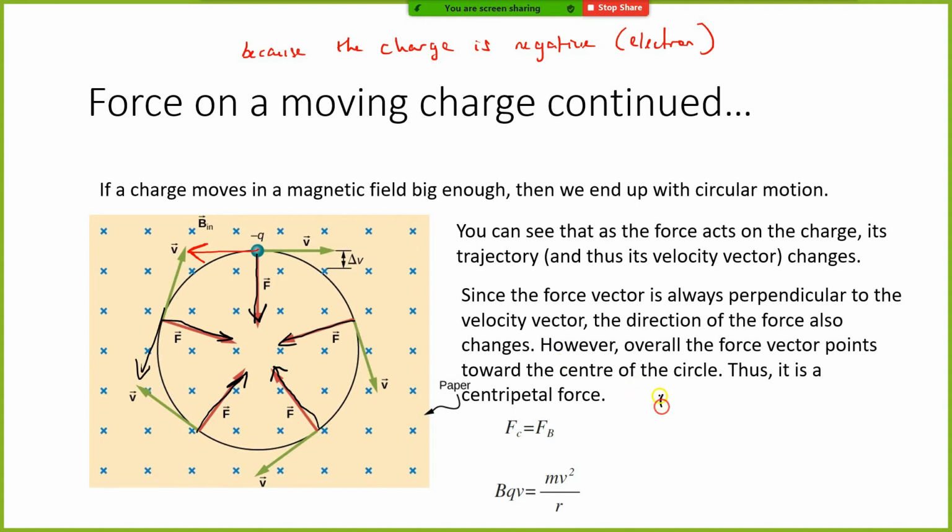If we recall, centripetal force is equal to the mass times v squared upon r. So we always have to remember that, where v squared upon r is what we call the centripetal acceleration. So a_c is equal to v squared upon r.